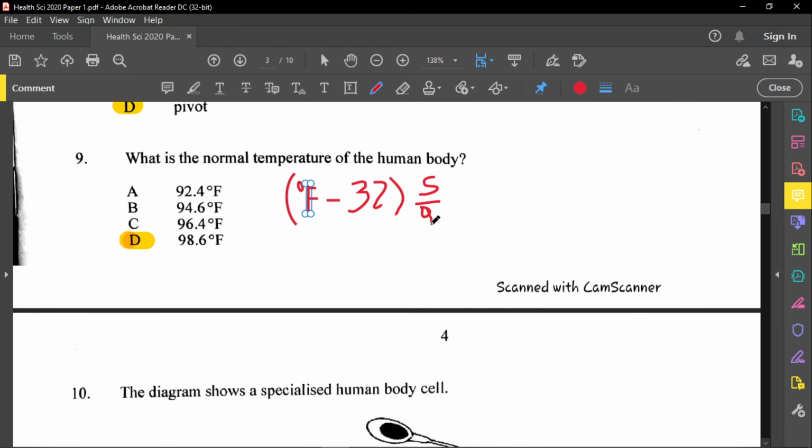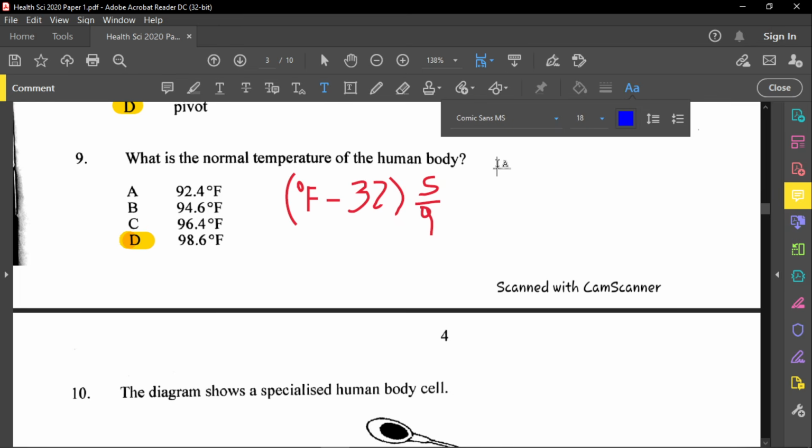All right, let me convert an example for you. I'm converting 98.6 degrees Fahrenheit into degrees Celsius, so you can know the normal body temperature in degrees Celsius as well.